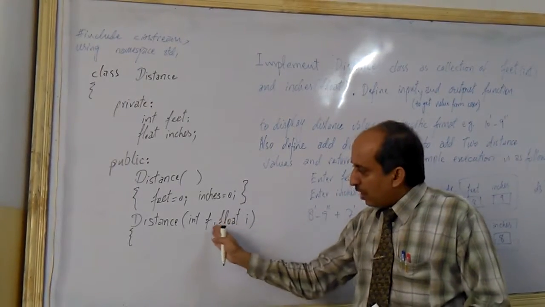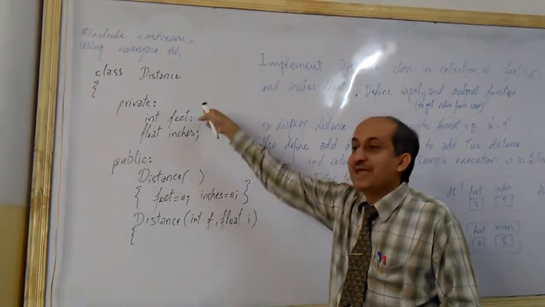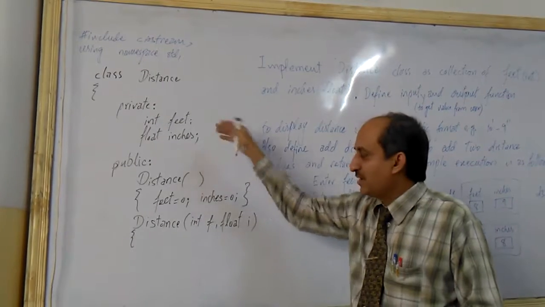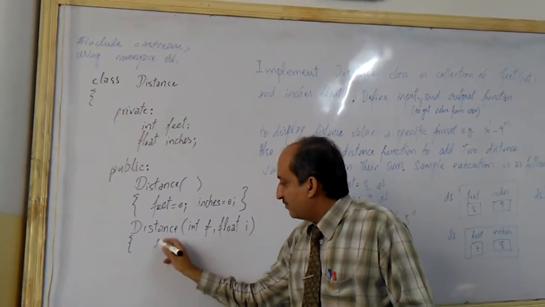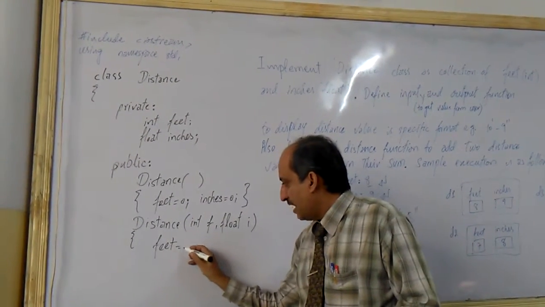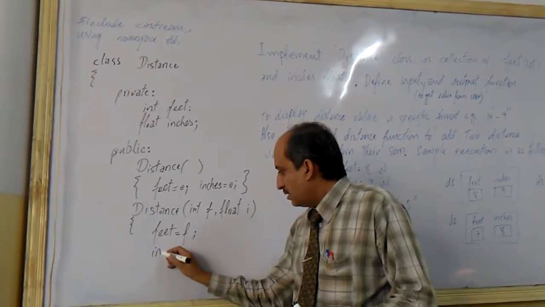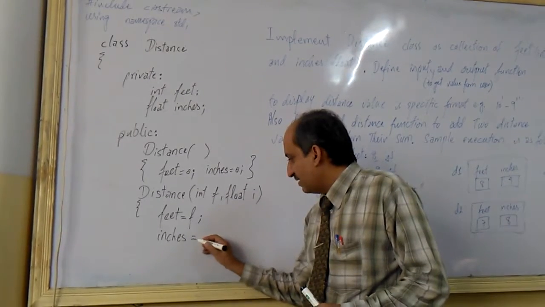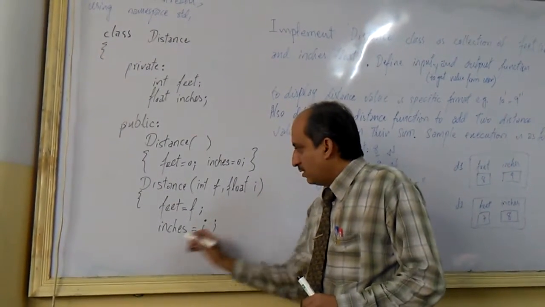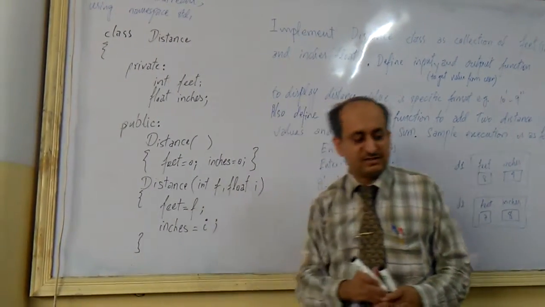And we want to copy their values to our main data members, the main variables of the class, like feet is assigned the value from f, and inches, our data member of the class, will get its value from argument i of the constructor.